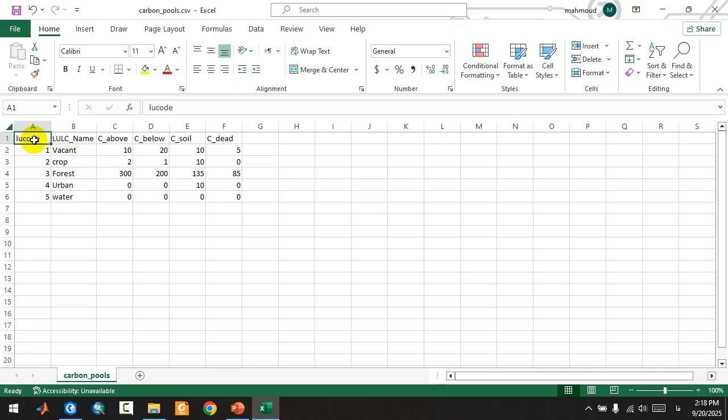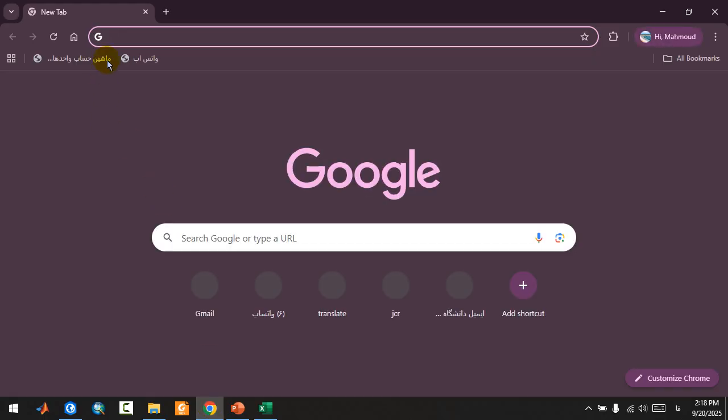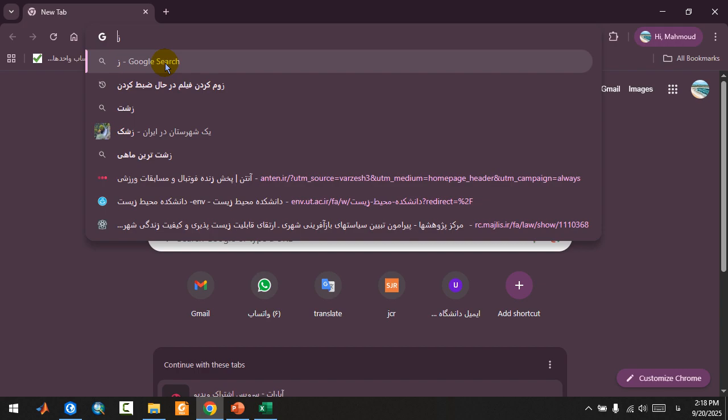This table needs to be imported into the InVEST software, with the columns or fields LU code, LULC name, and carbon pools, the four pools.